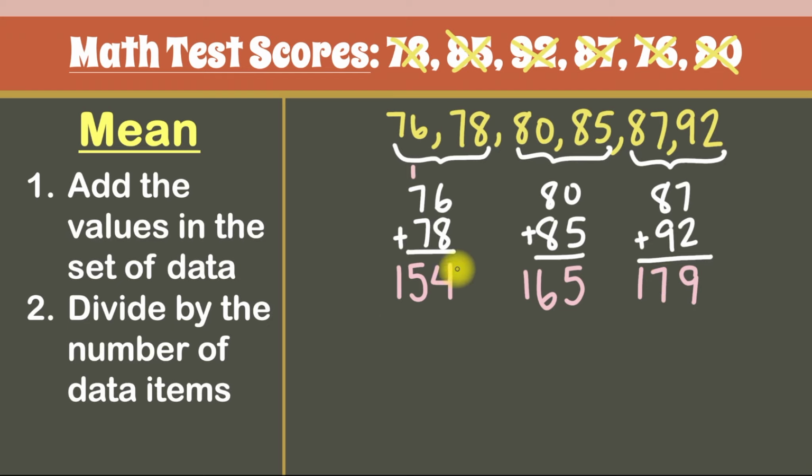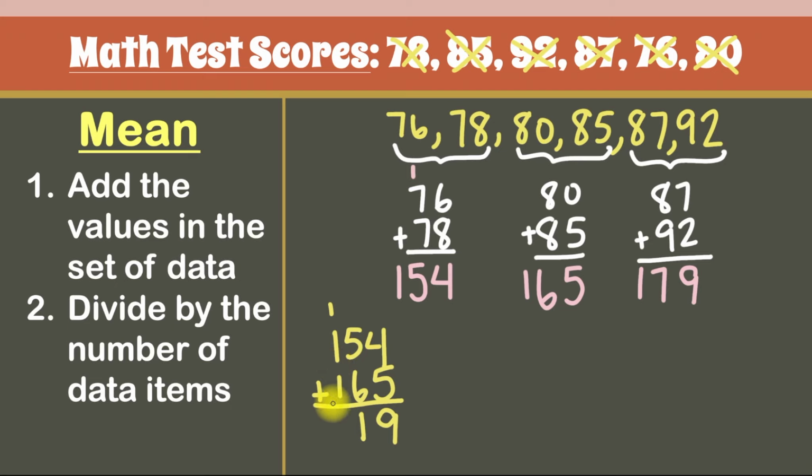So I'll start by adding 154 and 165. 4 plus 5 equals 9. 5 plus 6 equals 11. So I'll bring down the 1 and carry a 1. 1 plus 1 equals 2.